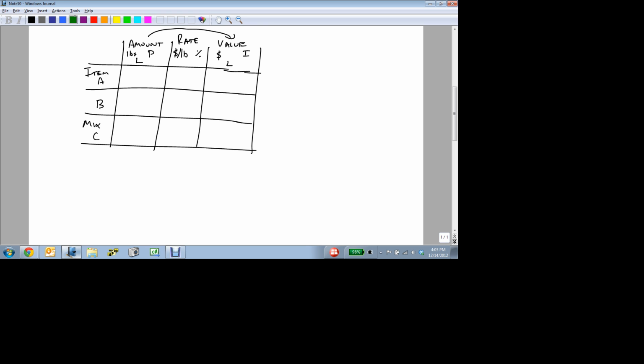And so if we have a rate R and we have some amount A, then the value is A times R. Or we could have B times T, and we get B times T. Or we could have our mix C times some rate U and get the value C times U. So we're always multiplying the first two and setting it equal to the third. Amount times rate gives value.